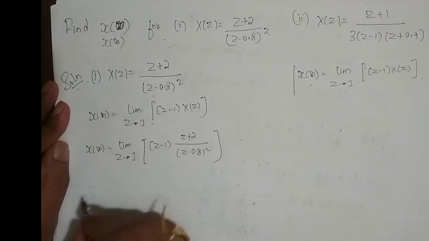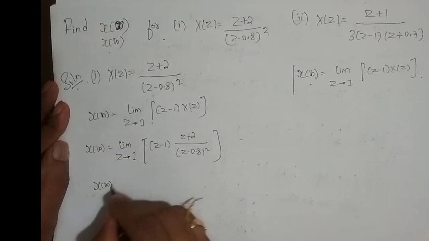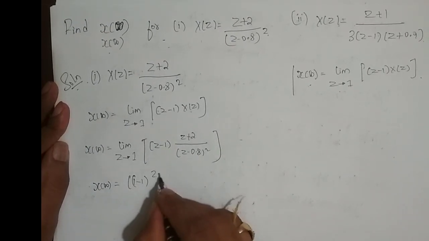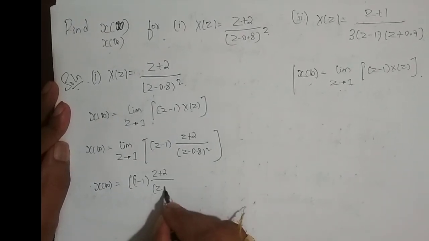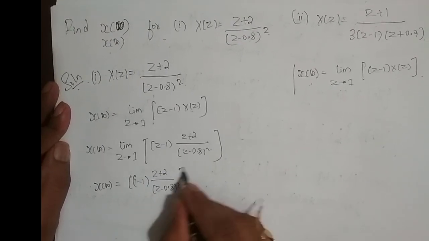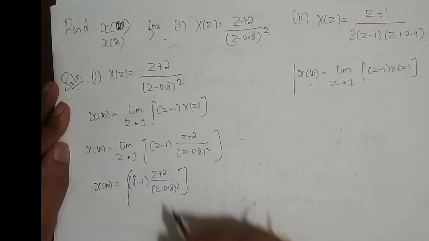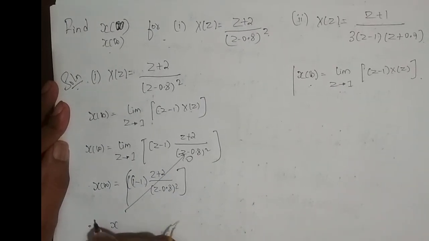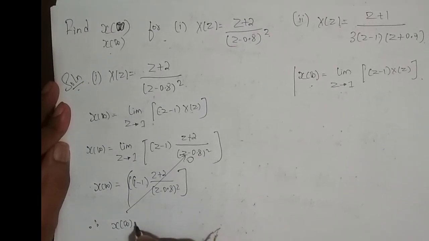Now if I apply the limit, x of infinity is equal to 1 minus 1 into z plus 2 divided by z minus 0.8 whole square. So this becomes 0 because 1 minus 1 is 0. Therefore x of infinity is equal to 0.